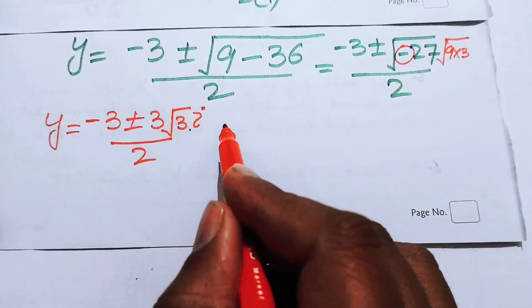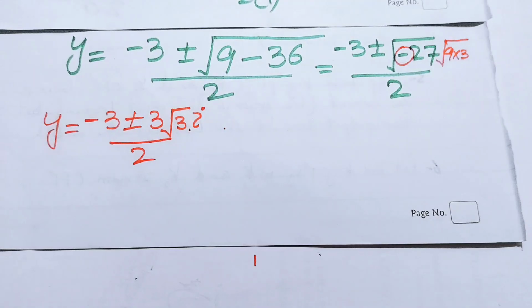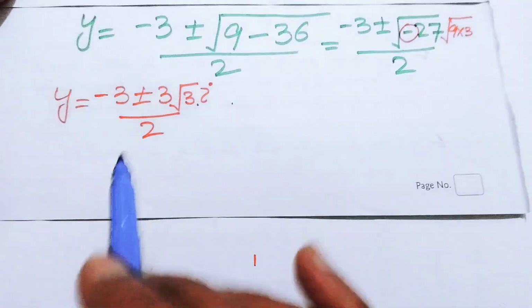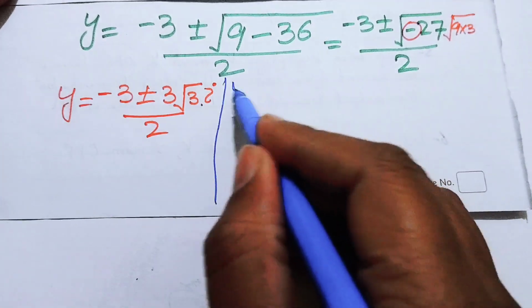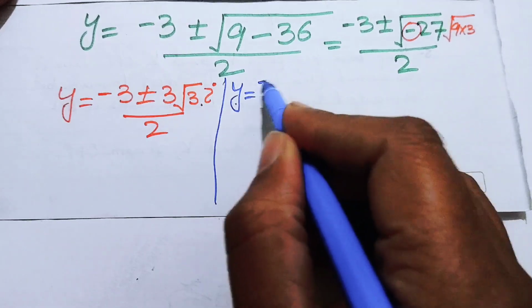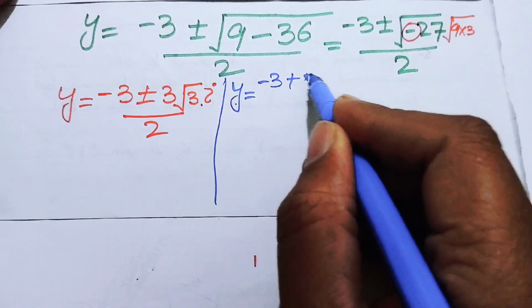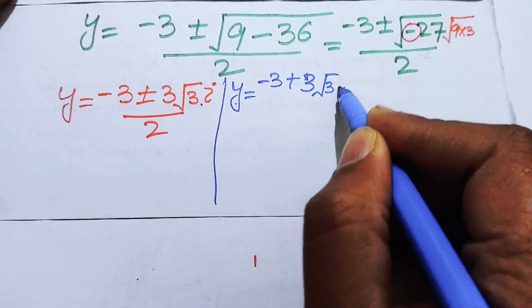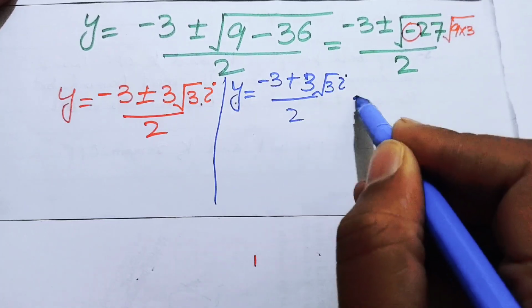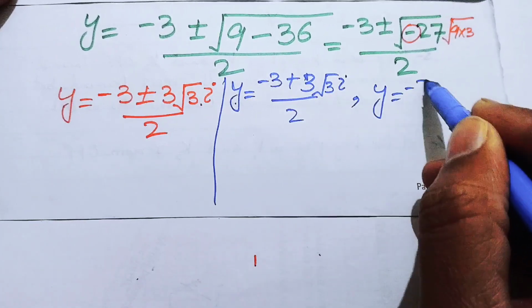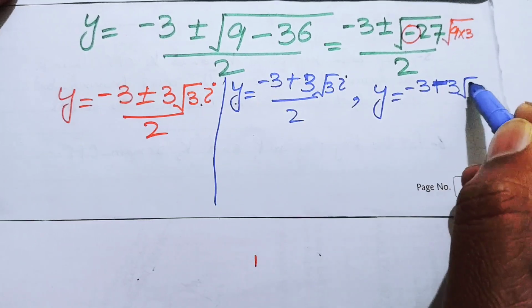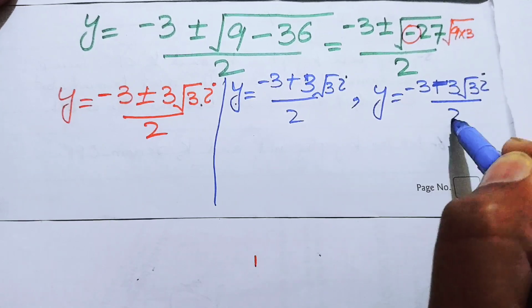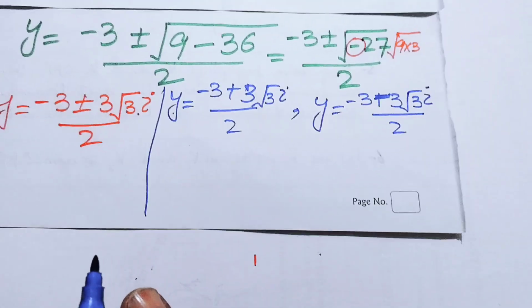So we divide this into two cases. The first is we write the positive value, and the second is we write the negative value. So our positive value is minus 3 plus 3 times square root of 3 iota, divided by 2, and the negative value is minus 3 minus 3 times square root of 3 iota, divided by 2.